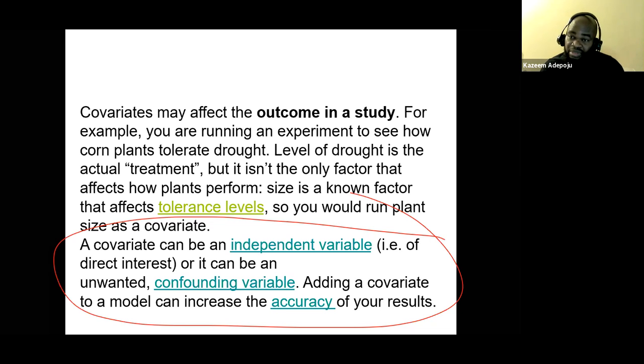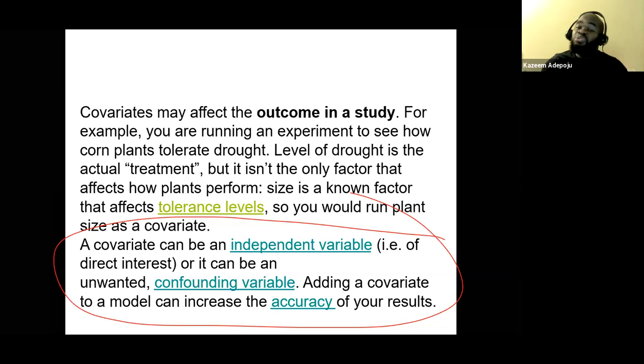Because when you are looking at the effects of a factor on another variable, and there's a hidden factor that you don't adjust for, you are not going to have a very good result.